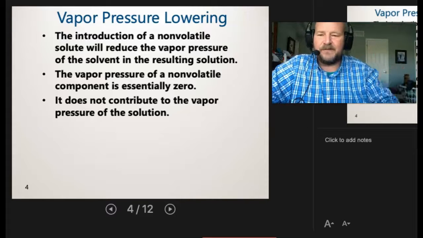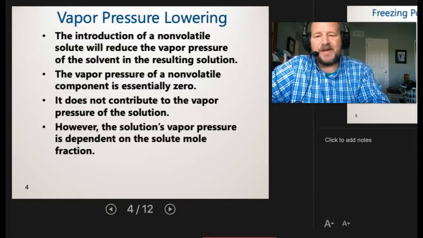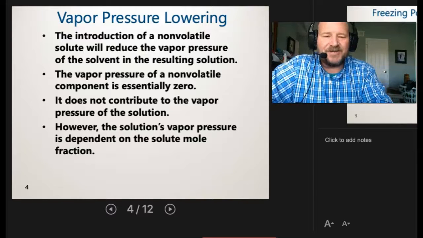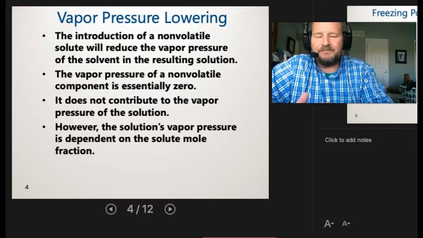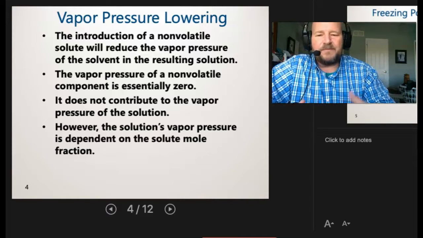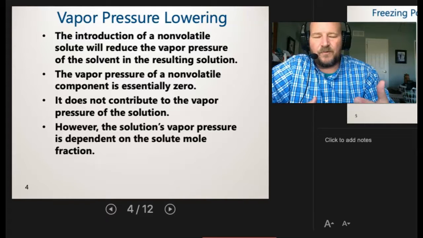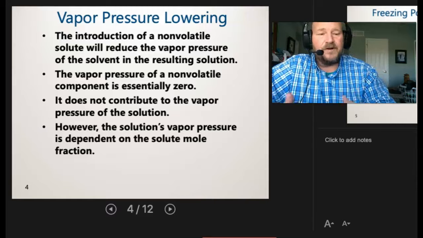Okay, so now the solution's vapor pressure is dependent on the solute mole fraction. That's just a fancy, chemistry way of saying how many pieces are in there by a fraction, like 5-to-1 or 3-to-1 or 5-to-40, whatever it may be.